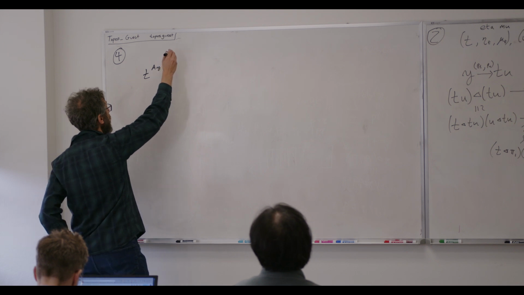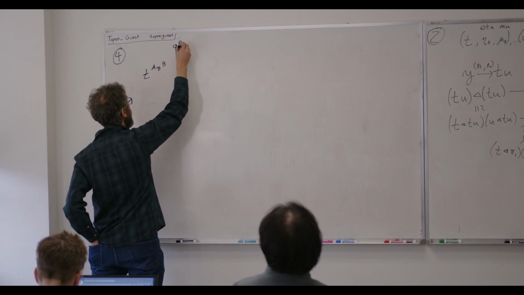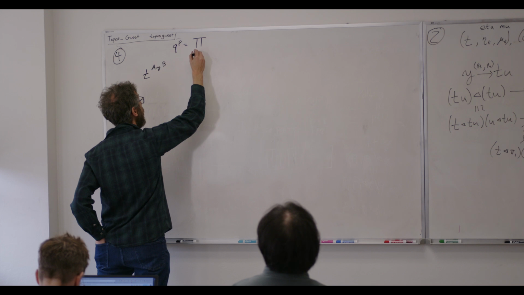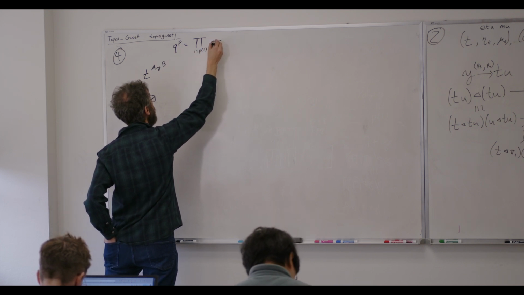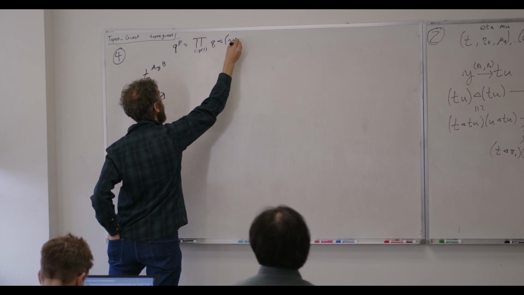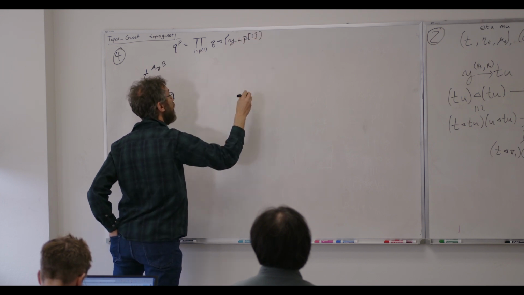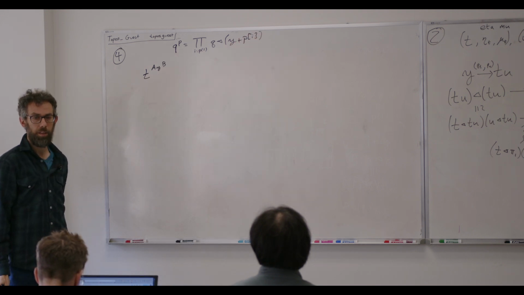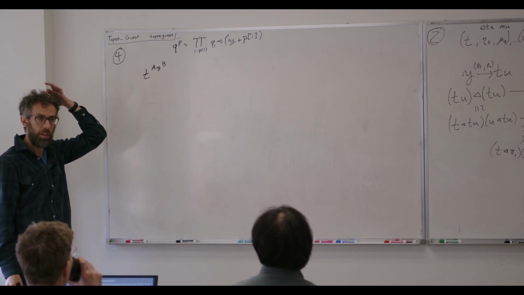We said that Q to the P was the product over all i in P(1) of Q composed Y plus P[i]. So we can just plug and chug.